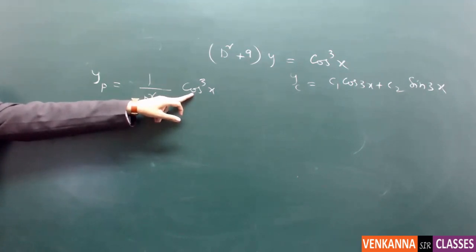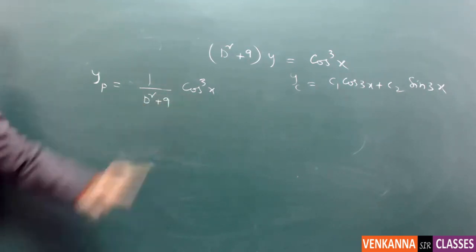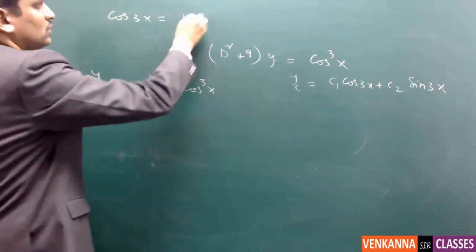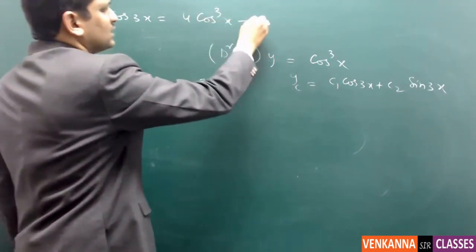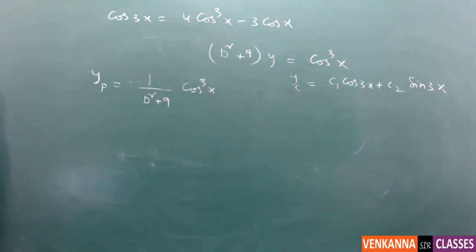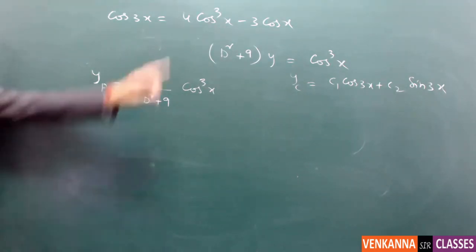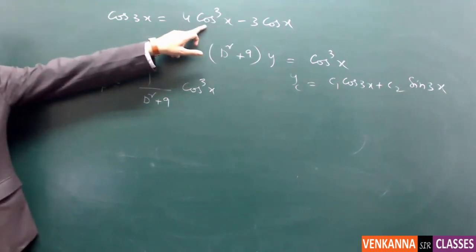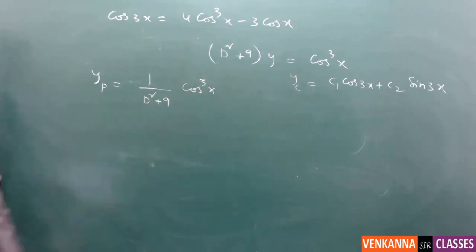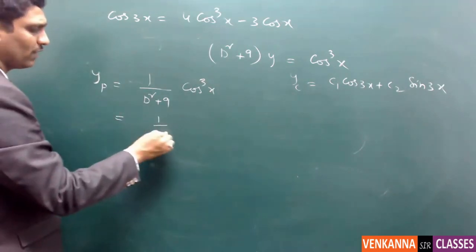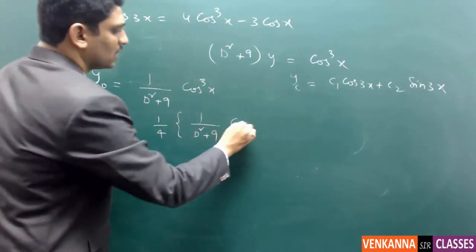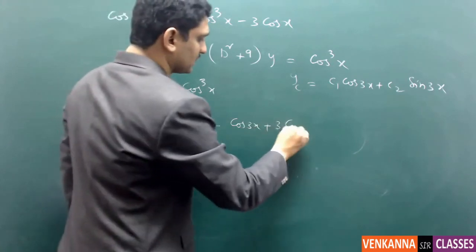How to? Just applying the trigonometric formula. So we have the formula that cos 3x is equal to 4 cos cube x minus 3 cos x. Accepted? Right. So using this, you will have the cos cube x formula. Let us apply the thing here. It is equals to 1 by 4 into 1 by (D square plus 9) (cos 3x plus 3 cos x).